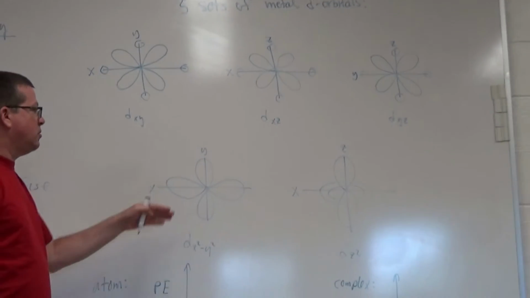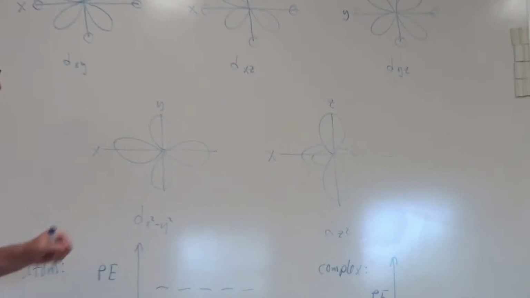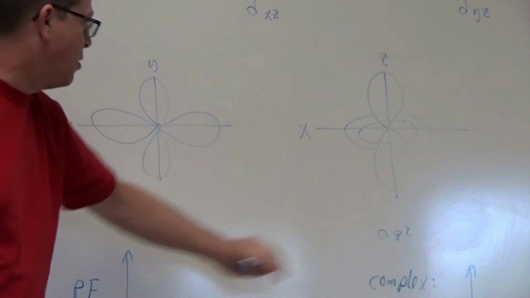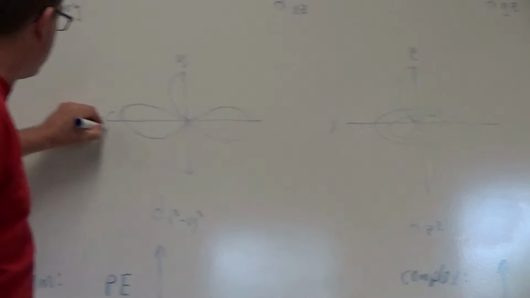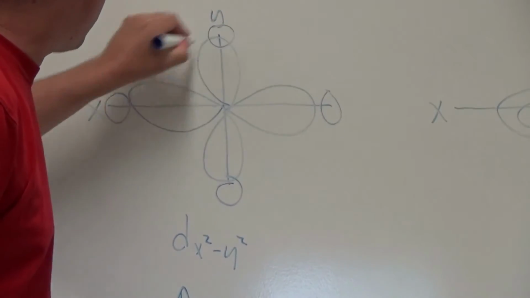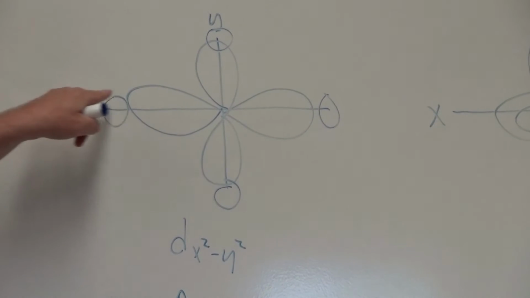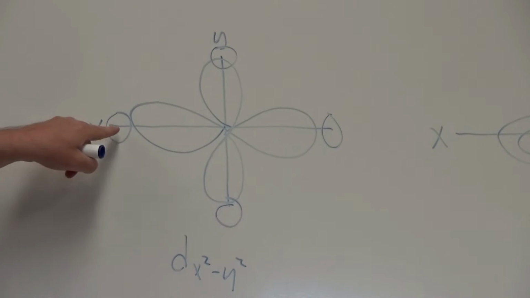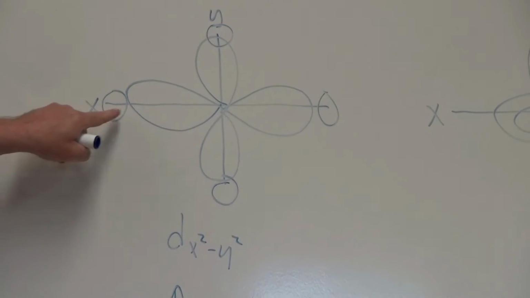Now, as we come down to the 2 different orbital orientations here, the dx squared minus y squared and the dz squared, what we're going to find, as we bring the ligands in along the x-axis and the y-axis, is that we're going to get actual overlap here. We're going to get real repulsion between the ligand and the orbital itself.